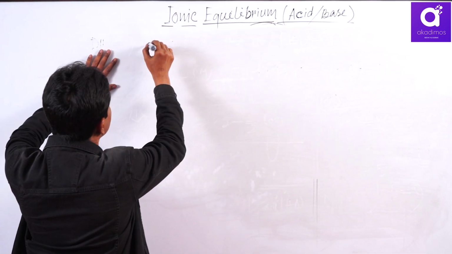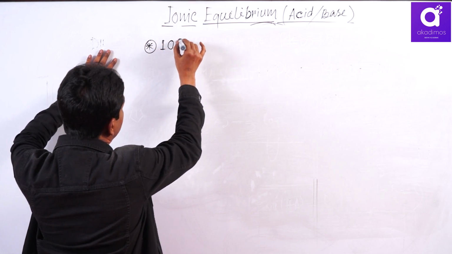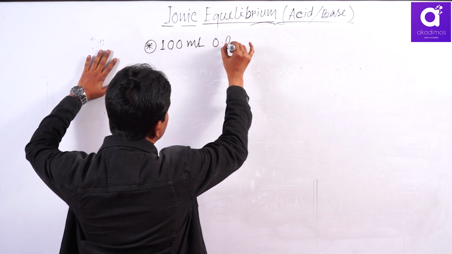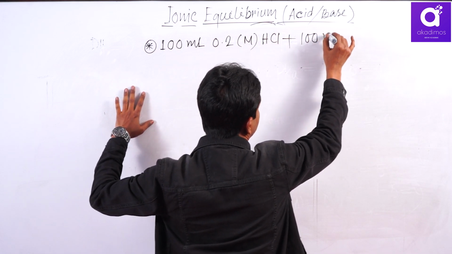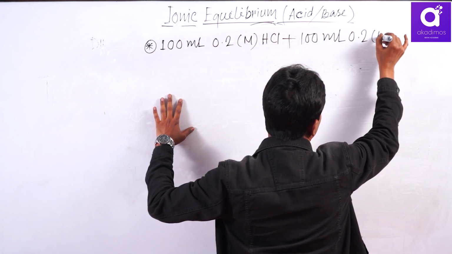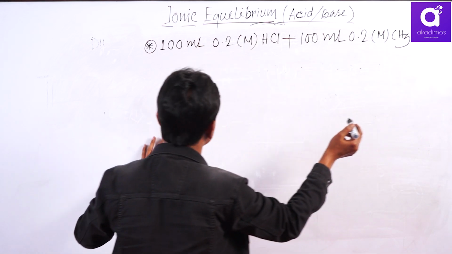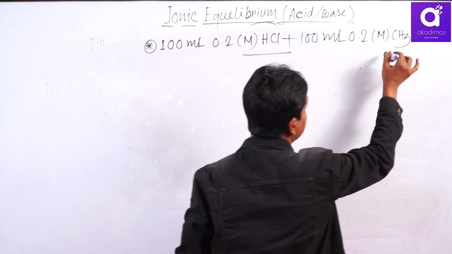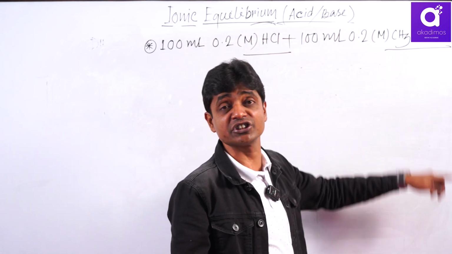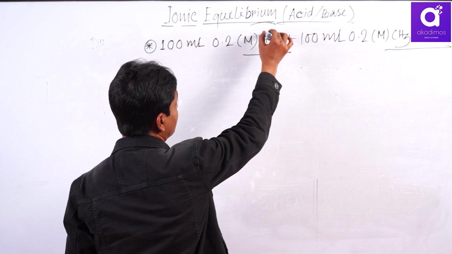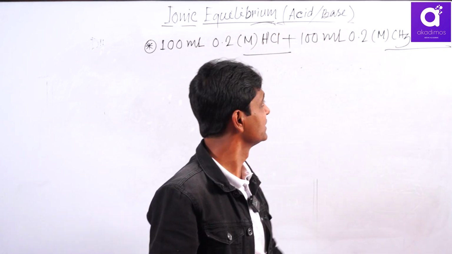If there is a problem, let 100 ml 0.2 molar HCl plus 100 ml 0.2 molar acetic acid. If there is this type of problem, a mixture of strong and weak acid, remember, the strong acid will undergo 100% dissociation, and there you will get the common ion H plus.